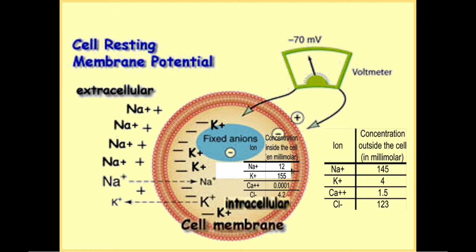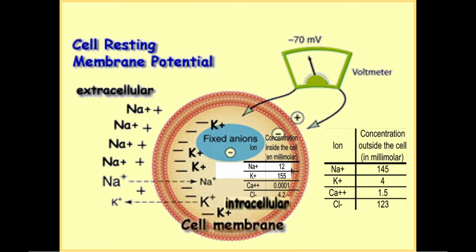The voltmeter shows the voltage as the potential difference between two points, outside and inside of the cell.